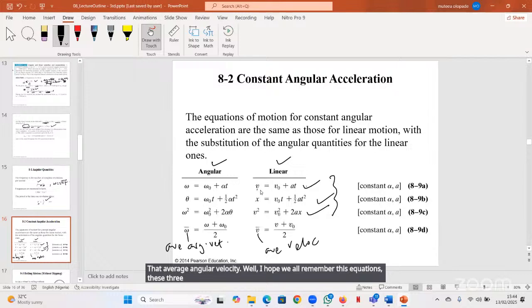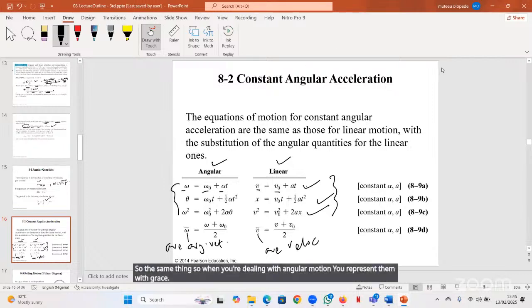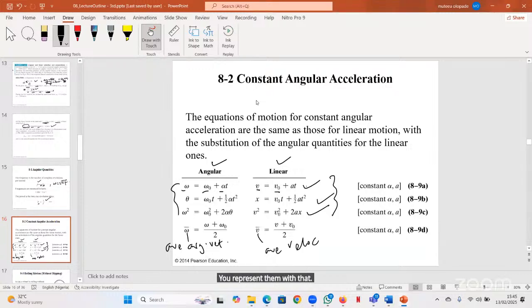So in place of the velocity, you use omega. For initial velocity, you use omega naught. For acceleration, you use alpha. So the same thing. When you are dealing with angular motion, you represent them with these. So now, having understood this, it makes it very easy.